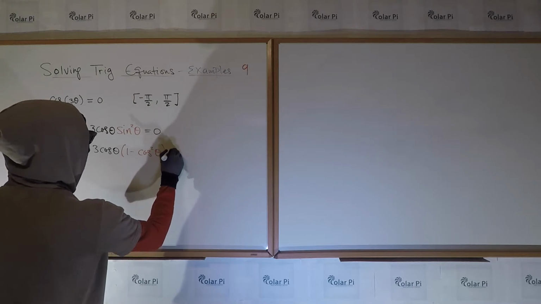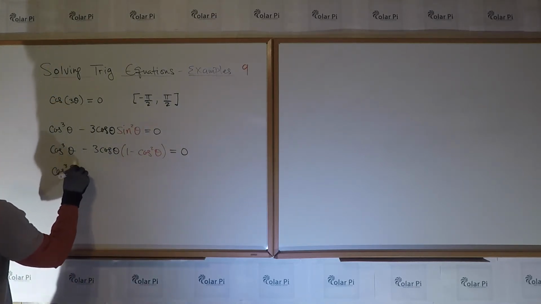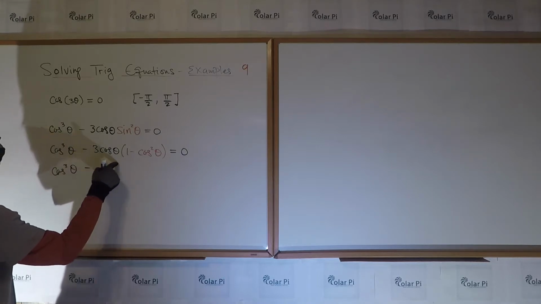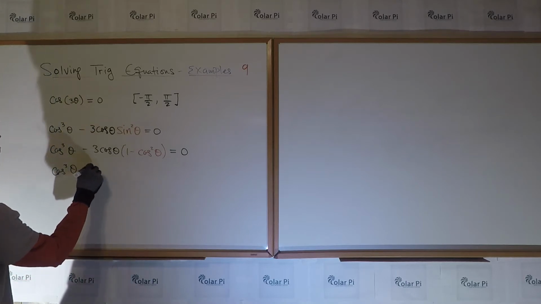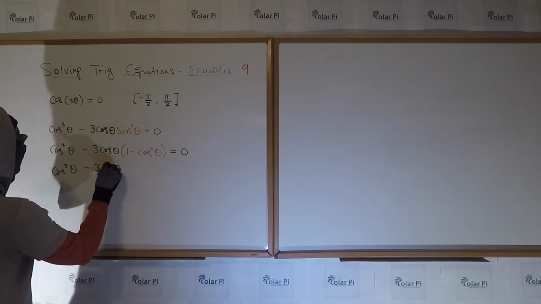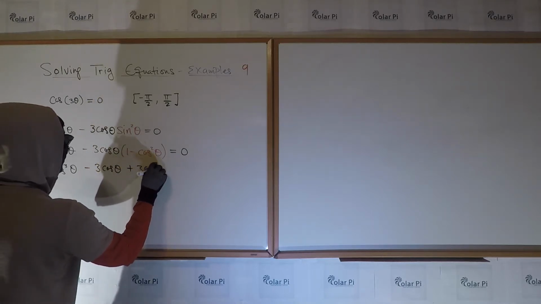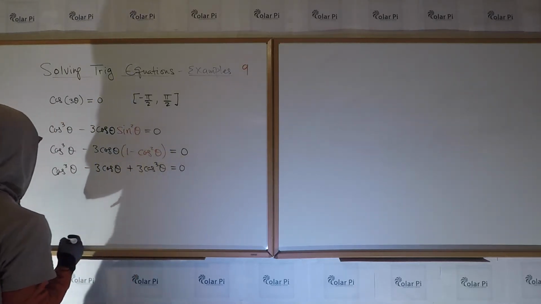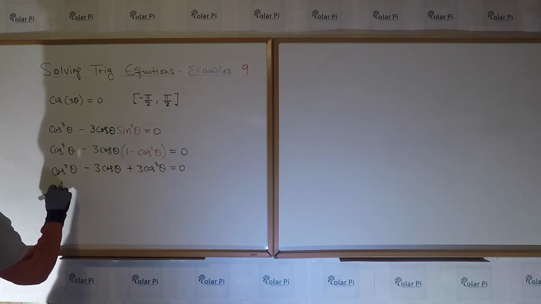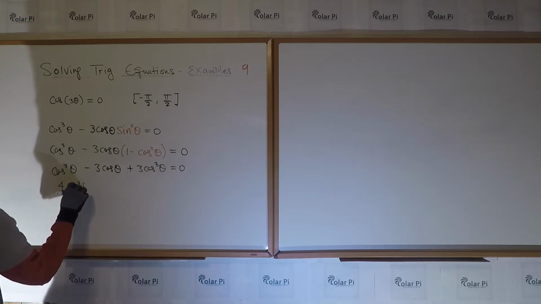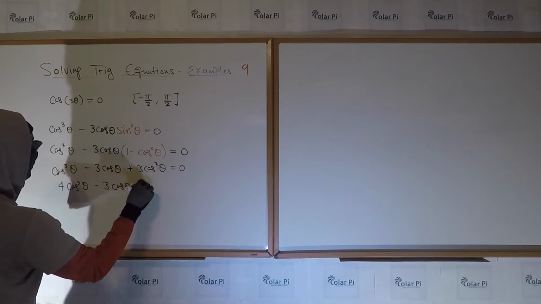Equals 0. Okay, so this turns into cos cubed theta minus, I distribute this minus 3 cos theta to here and to there, so I get minus 3 cos theta, and then plus 3 cos cubed theta equals 0. Got it. Now 3 cos cubed and cos cubed combine to 4 cos cubed theta minus 3 cos theta equals 0.